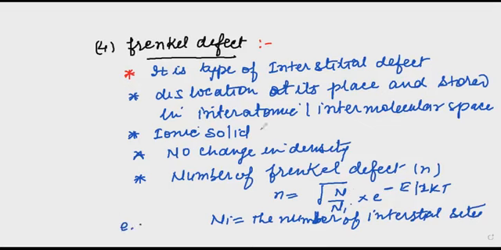Example, how many types of compounds show the Frenkel and the Schottky defects? Now we see it. Example, AgBr, AgI, ZnS give this effect. Clear?